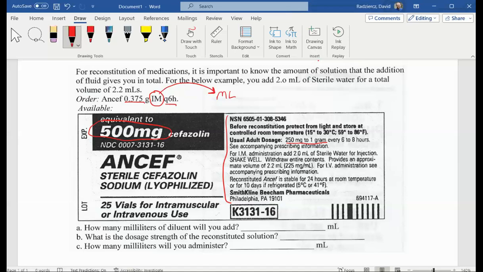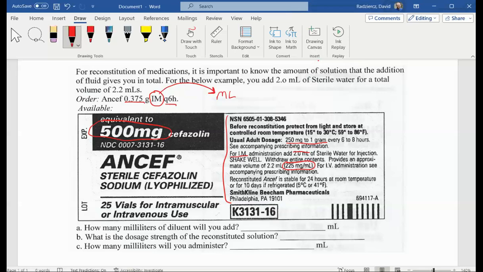So we know it's in the safe range. Then it says specifically for intramuscular administration, you're going to add 2 milliliters of sterile water. You might think you want to use that information. You don't. Which will make an approximate volume of 2.2 milliliters, which is better information. But the best information is that it tells you the concentration it makes: 225 milligrams per milliliter.